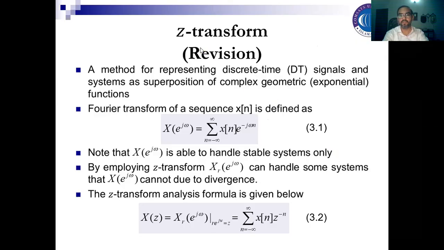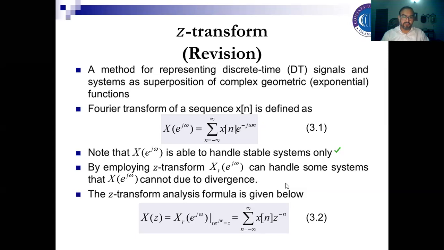And for the case of Z transform, you can handle some more systems, which X of e raised to power j omega cannot handle due to the divergence. So wherever the systems are unstable, you cannot take their Fourier transform, and hence you need to rely on some other kind of transform such as Z transform.